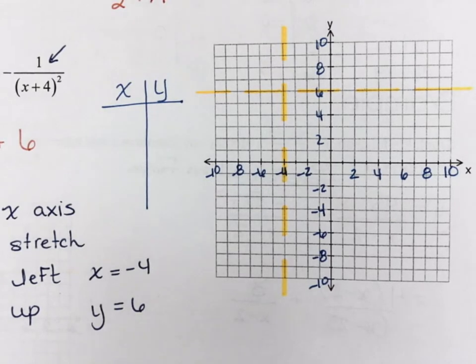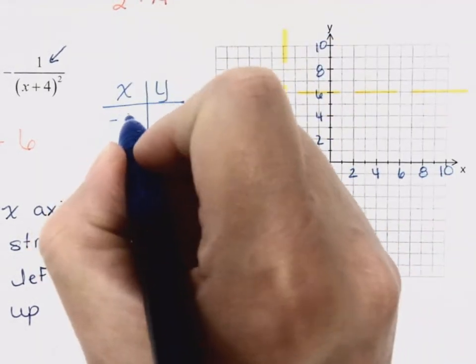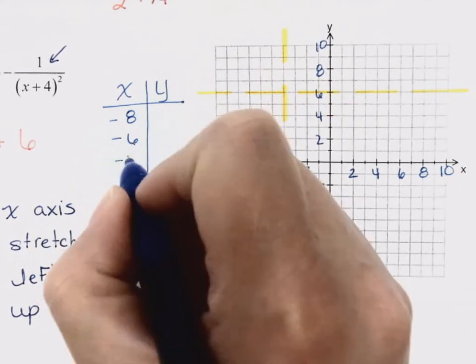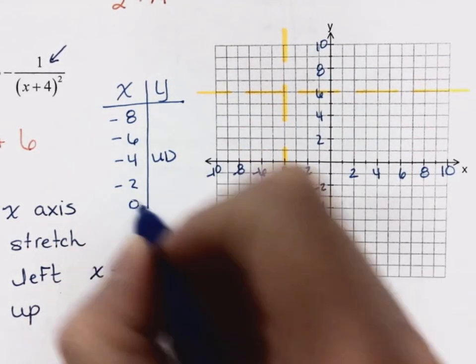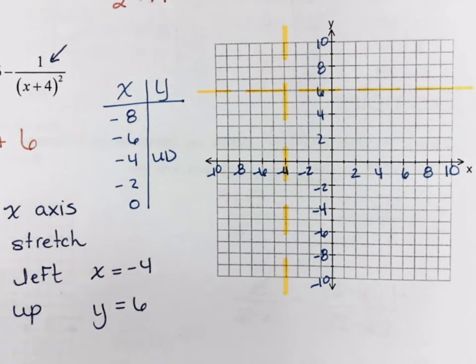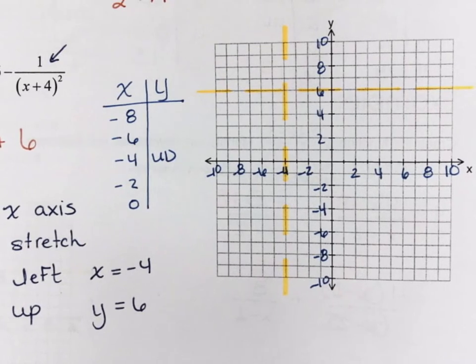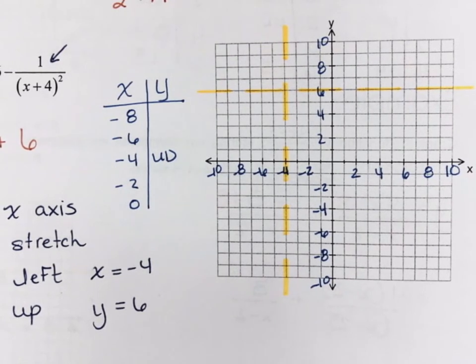Does it matter? Yes. So that's going to be 1 over 16. With negative. Yeah, that's okay. It's just going to be really close to the line. It's okay for you. Okay.